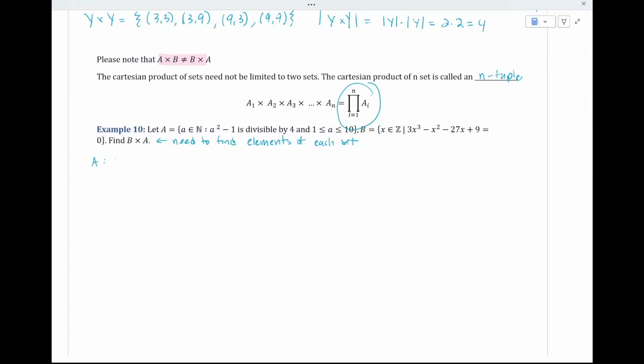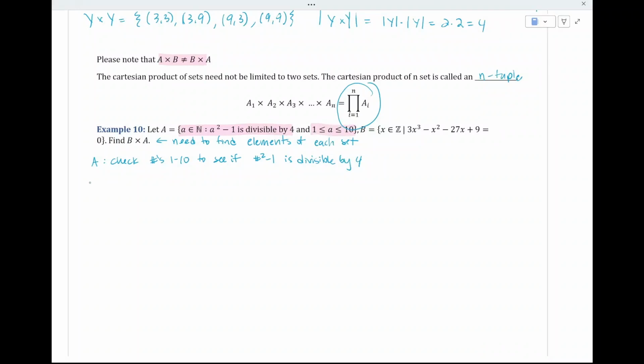So in A, I want to check the numbers 1 through 10 to see if that number squared minus 1 is divisible by 4. That's what this set is telling me to do, where a is a natural number between 1 and 10.